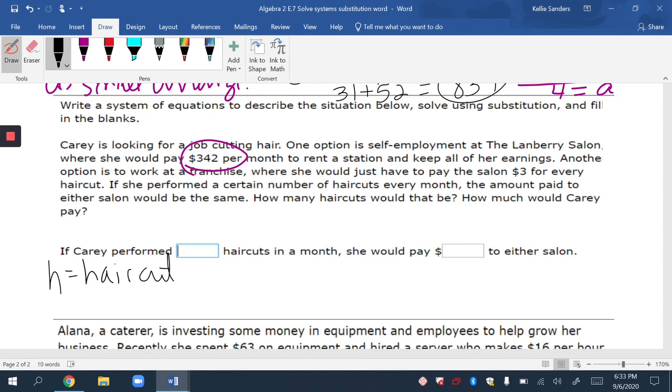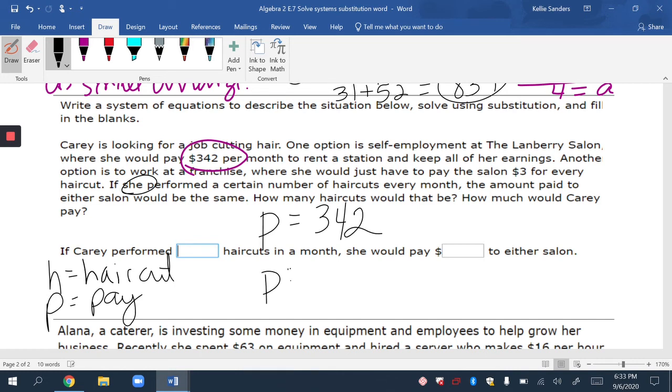And then P for her pay. If she owned her own salon, her pay would be $342 every month.